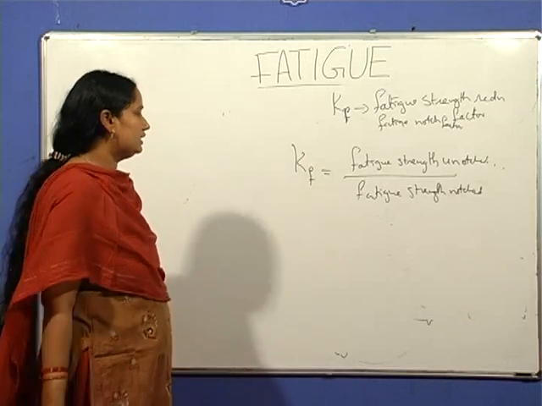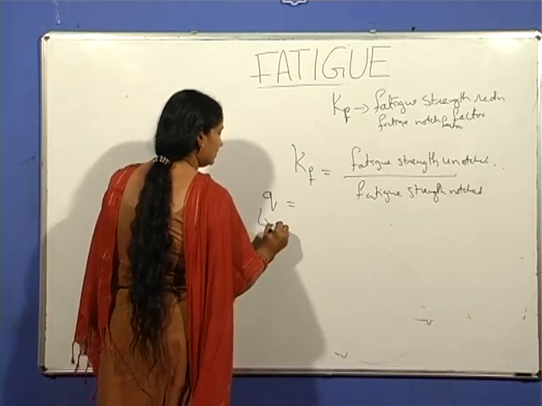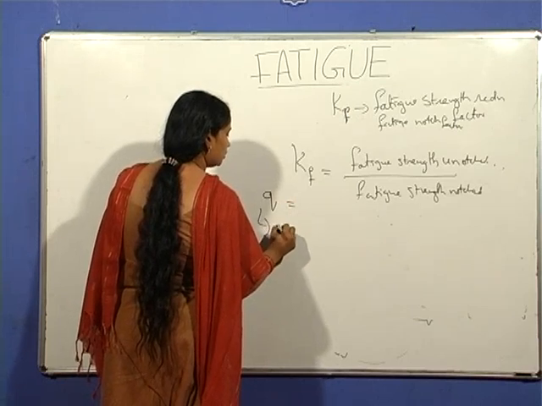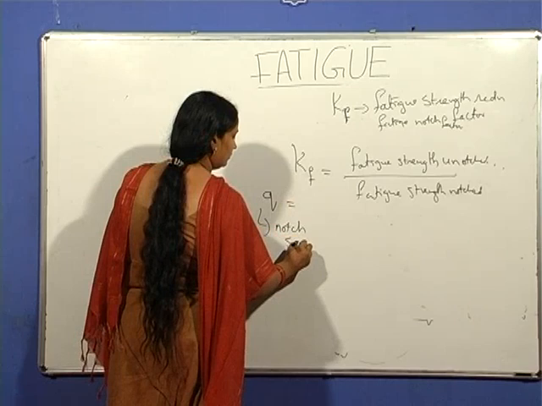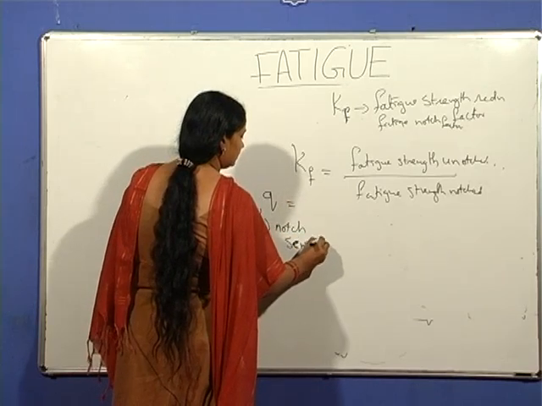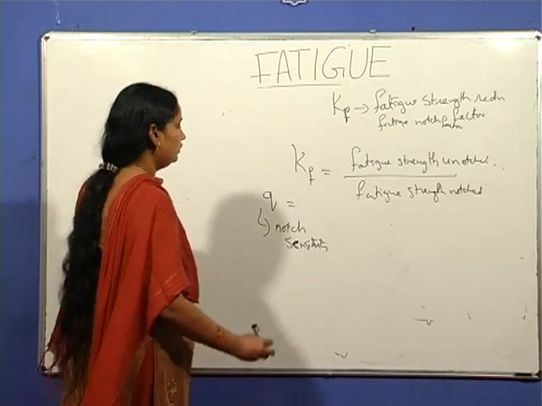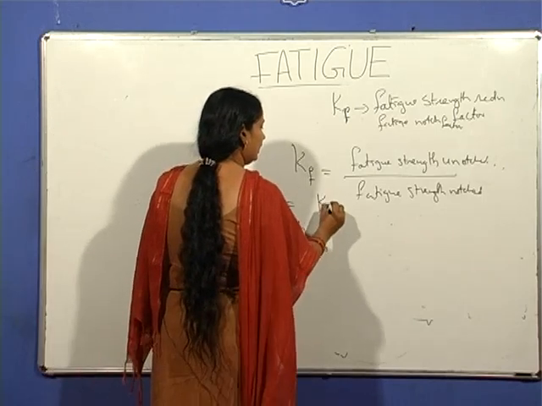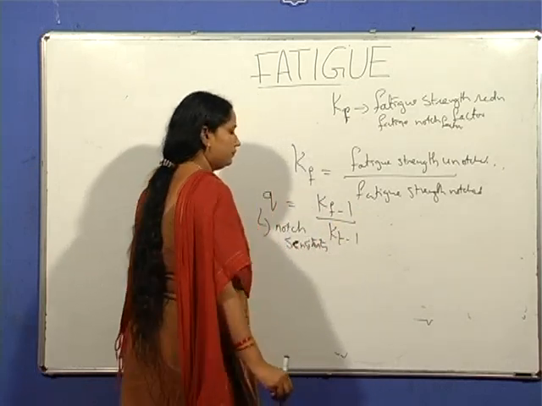This can also be related to a factor known as the notch sensitivity factor, indicated by small q, which is equal to (Kf minus 1) divided by (Kt minus 1).